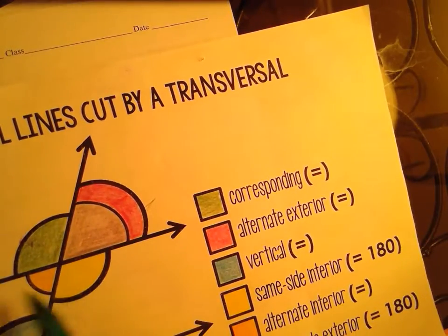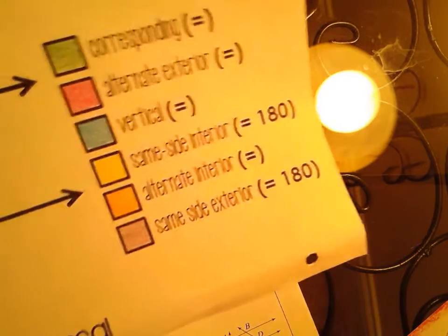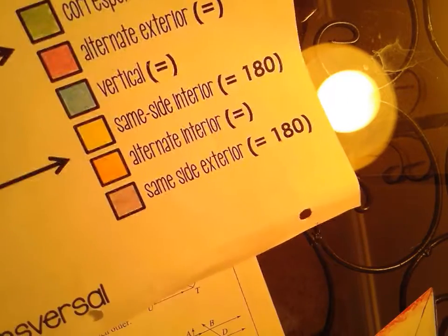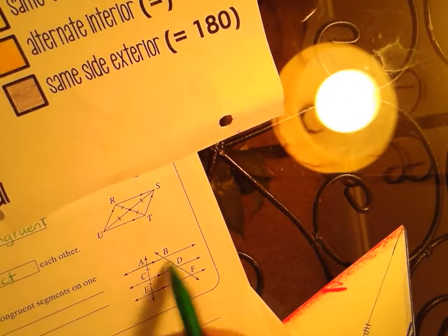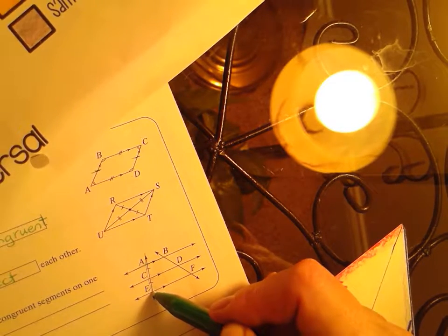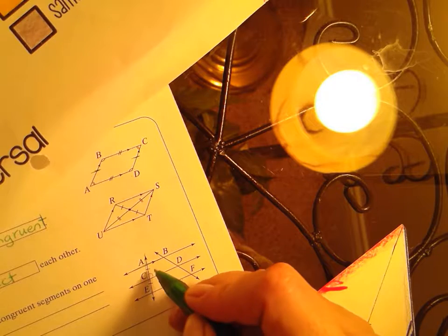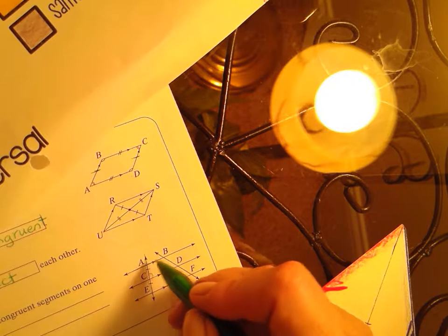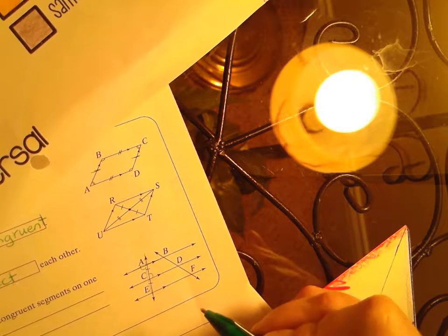When our parallel lines are cut by a transversal, so these are the parallels, this is the transversal, we know that this one is congruent to this one.